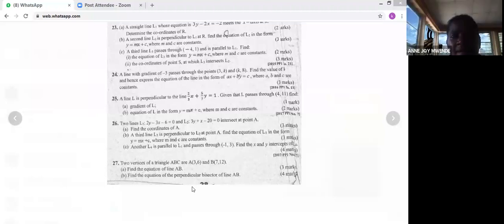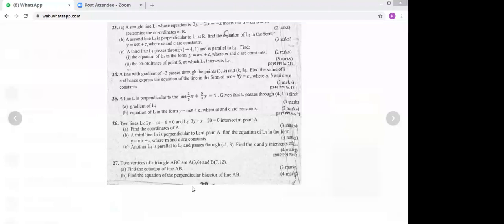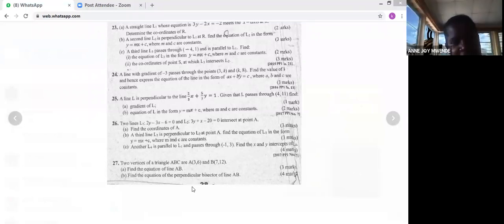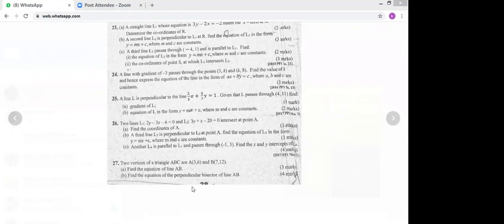Found the answer. Yes, continue. For part C, Roman 1. Yes, 23C in Roman 1, we've been told to get the equation of line 3 in the form y is equals to mx plus c. Line 3 has one of its coordinates as negative 4, 1, and we have been told it is parallel to L1.